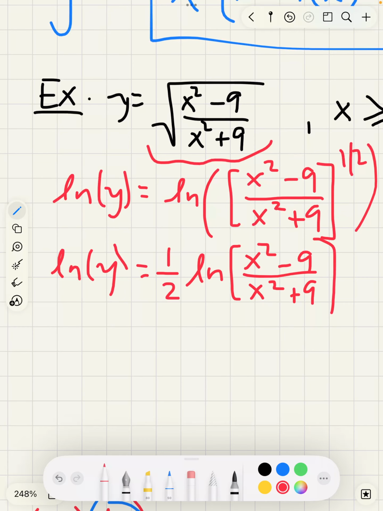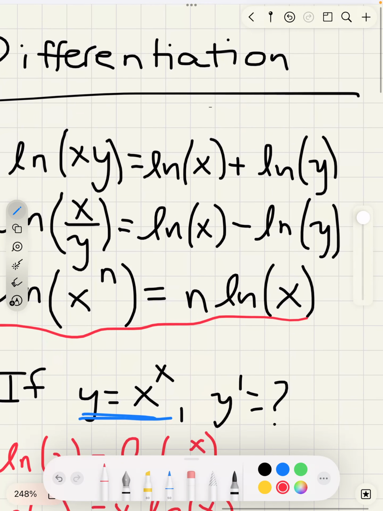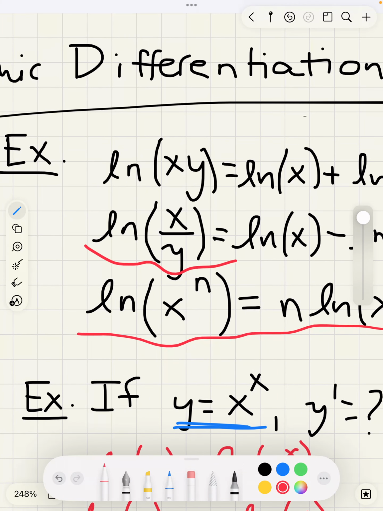And the next thing that'll be helpful to me is to actually rewrite that quotient, because remember we had another log property that we talked about way back up here, that if I take the log of something divided by something, I can write it as the log of the top minus the log of the bottom.